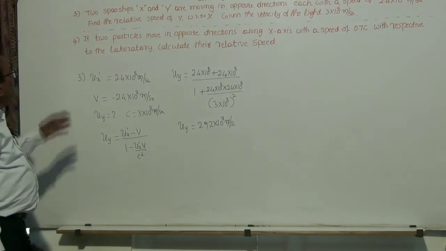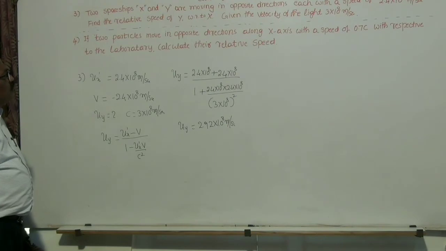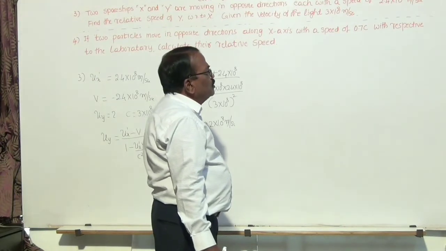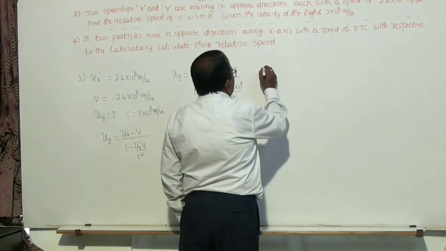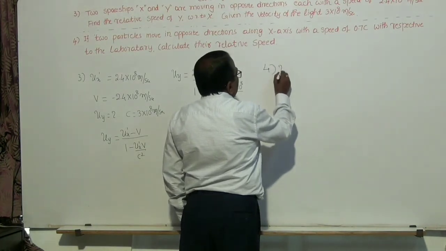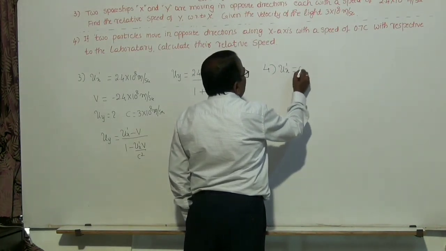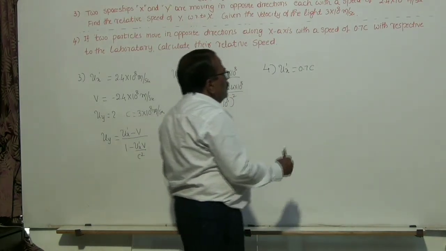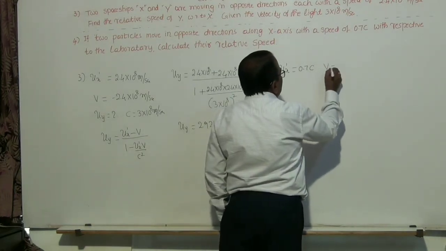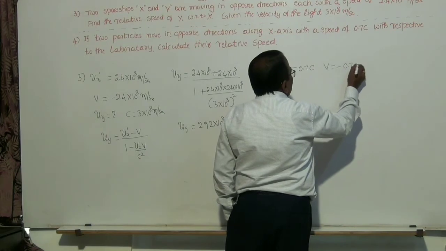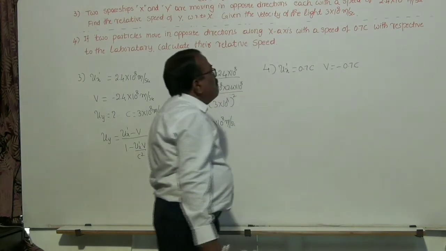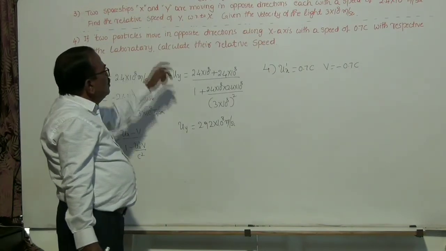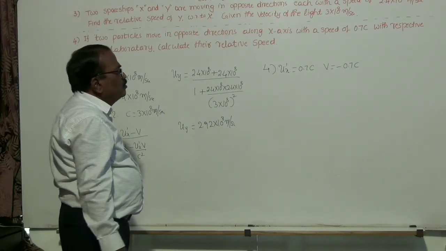Then similarly this fourth one, if two particles move in opposite directions along x-axis with the speed of 0.7 c, that means here ux dash is 0.7 c, velocity of the light. Now what is v? V is minus 0.7 c. With respect to the laboratory, calculate their relative speed.